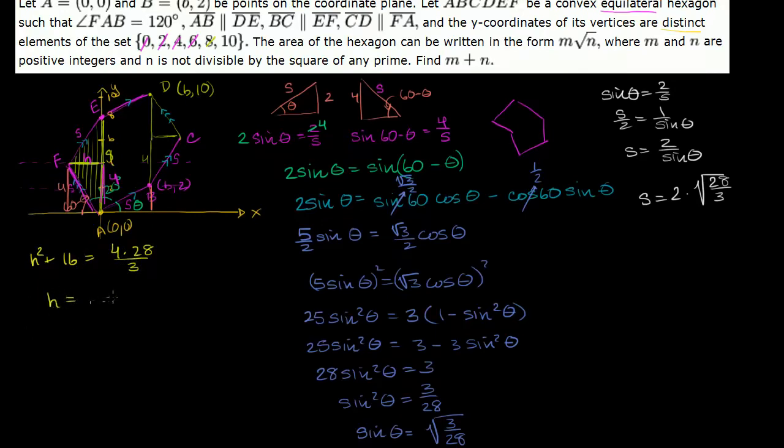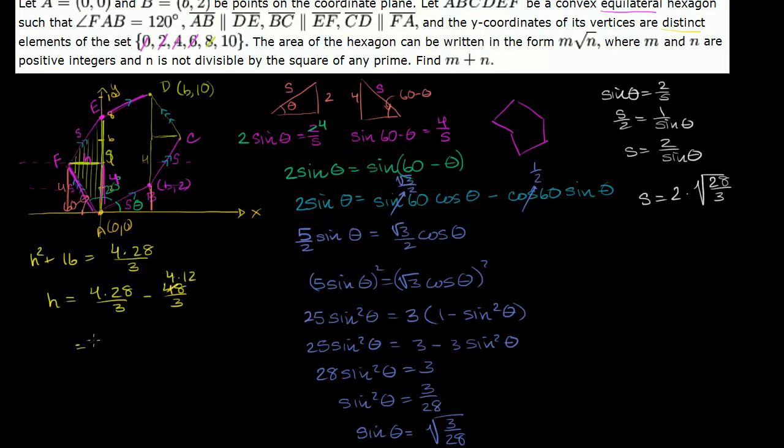So h squared is equal to 4 times 28 over 3 minus 16, and if I want to write 16 as something over 3, that's going to be minus 48 over 3. And let's see, I don't want to have to multiply 4 times 28. So we can write 48 as 4 times 12.